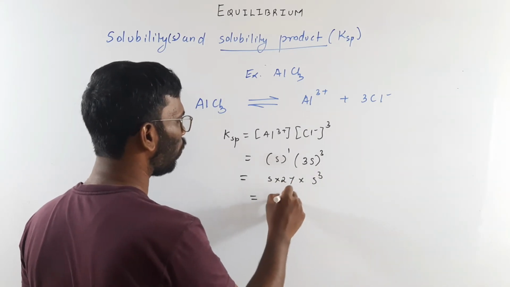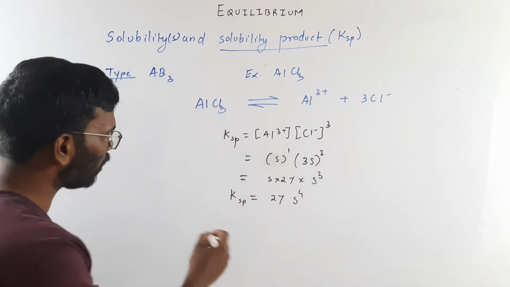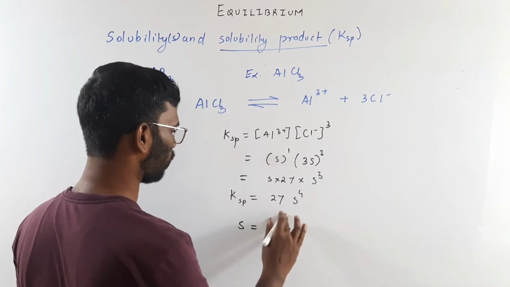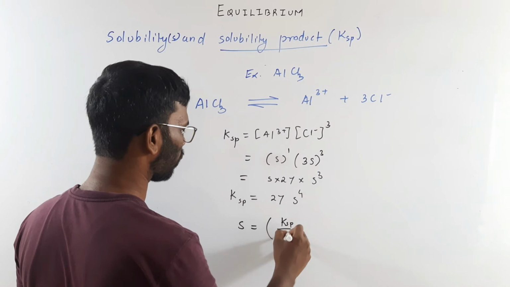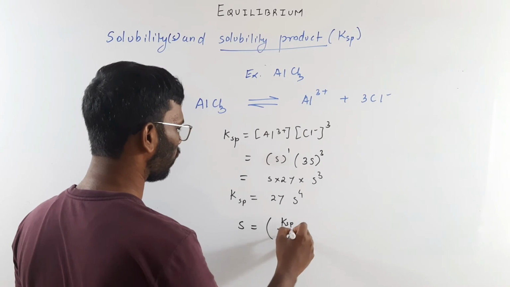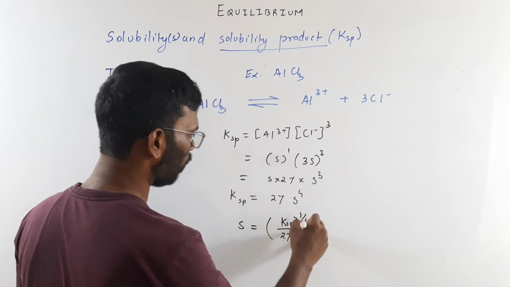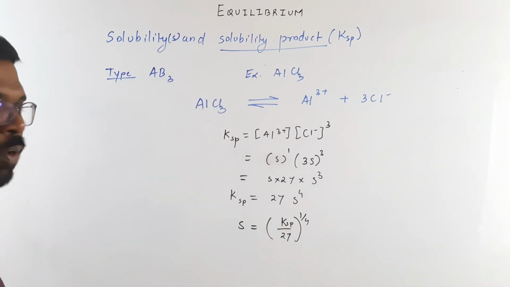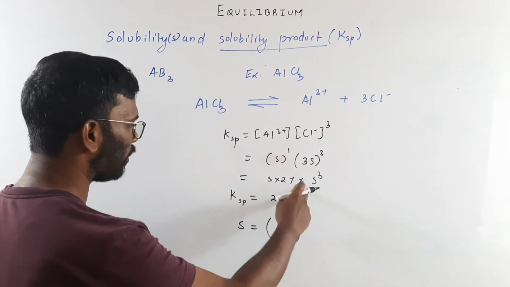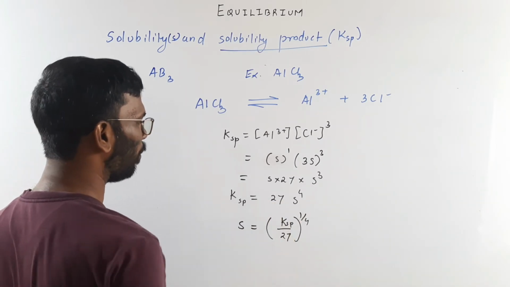So this is 27 S raised to 4, that is KSP. So for this, solubility S will be KSP upon 27, raised to 1 by 4.